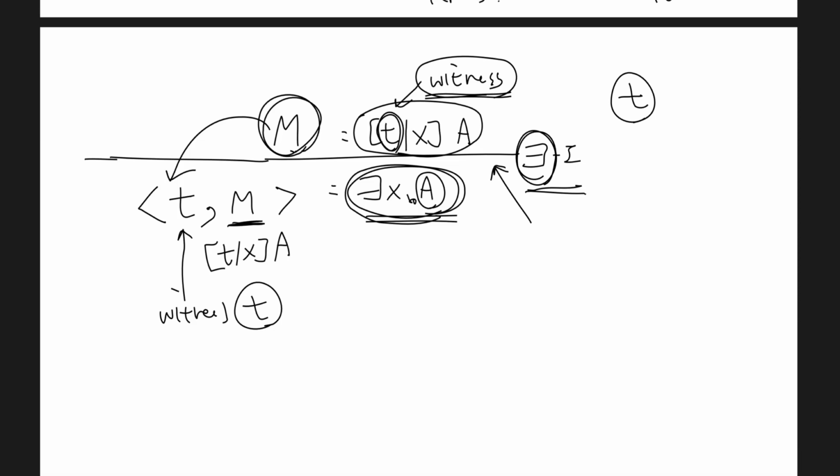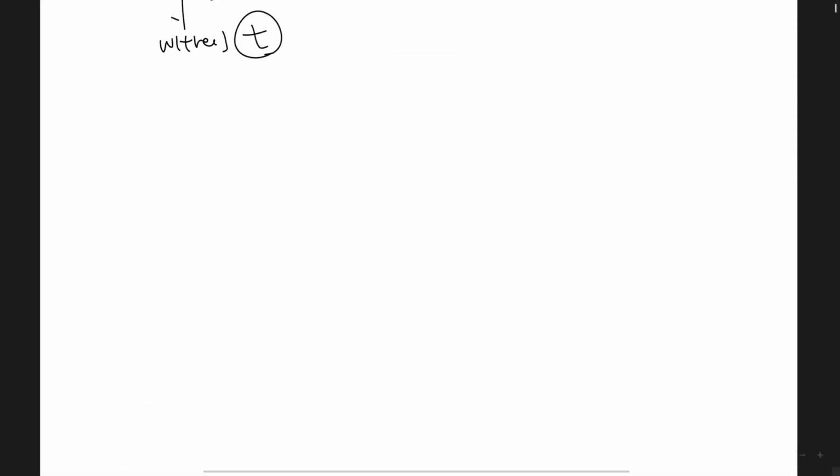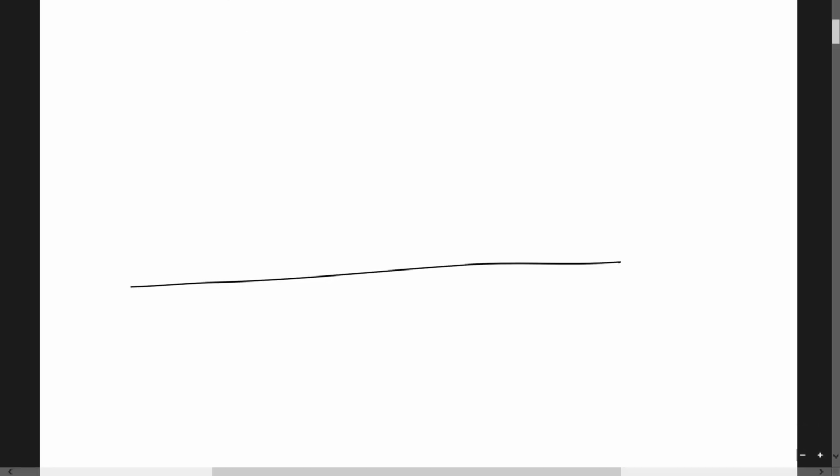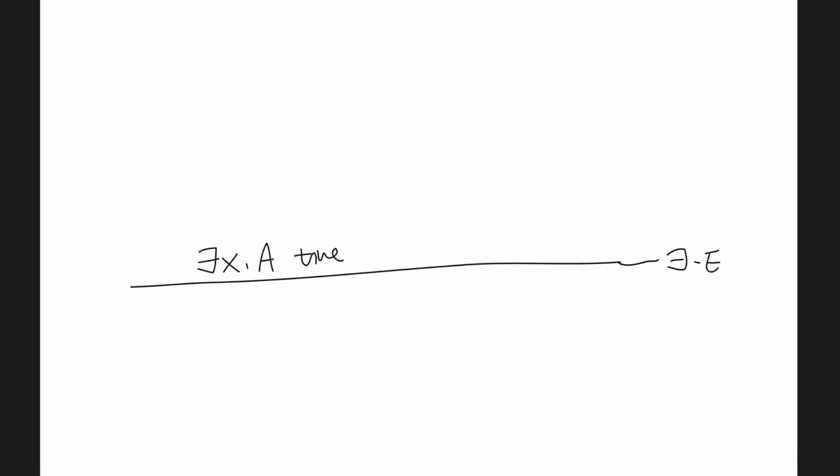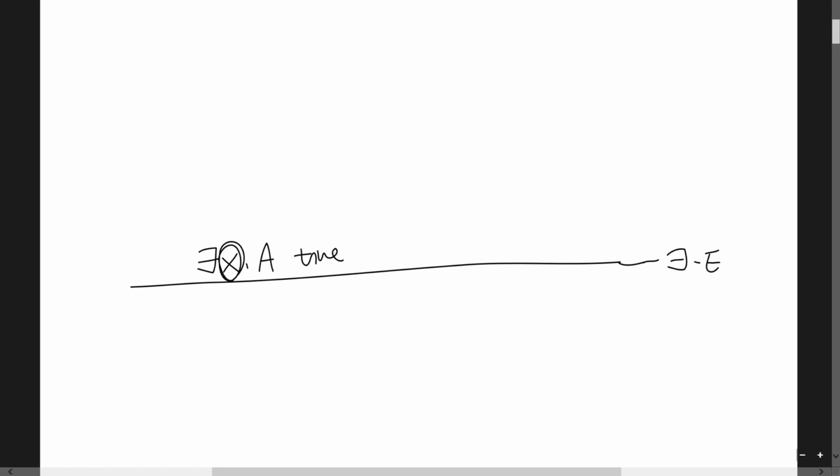Okay, that's the existential introduction rule. Now let's discuss the existential elimination rule. Previously, the inference rule looked like this. We have existence X A true, and then we'd like to eliminate it, but we don't have any clue about what the actual witness for this term variable X is.